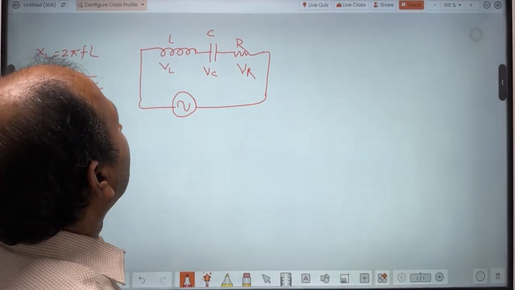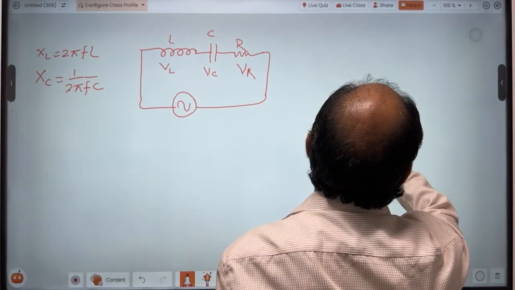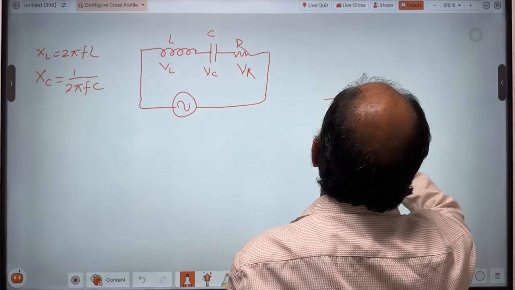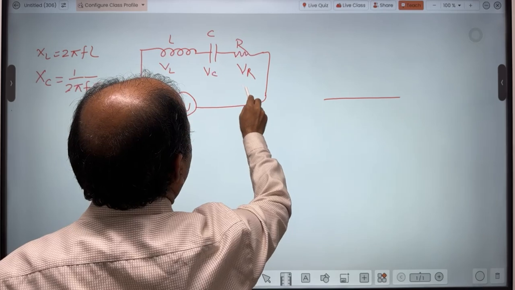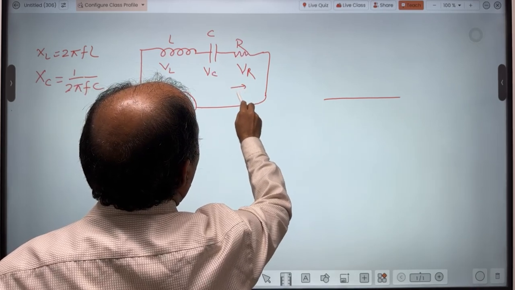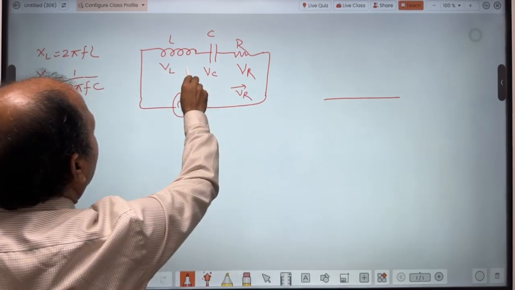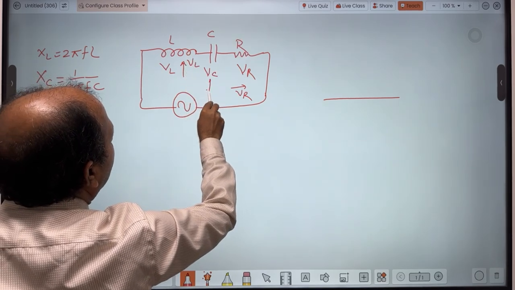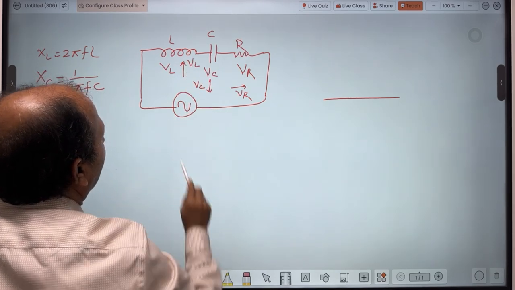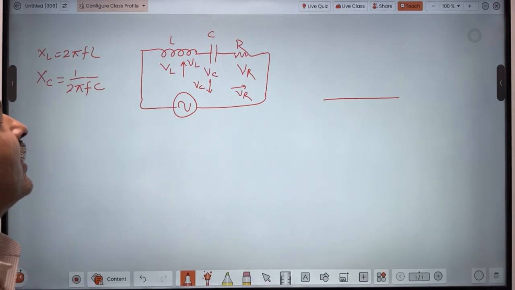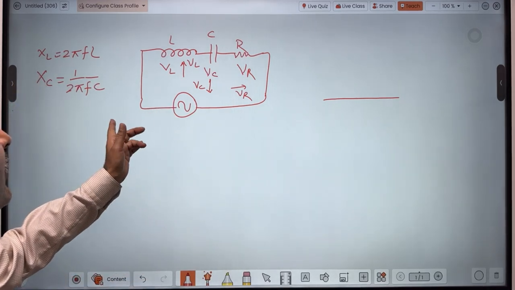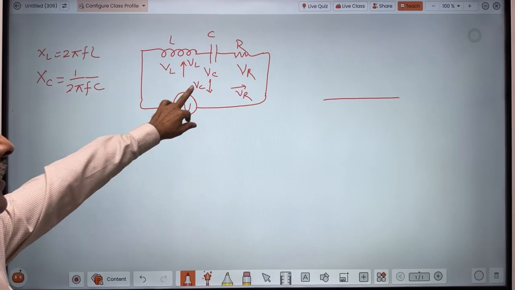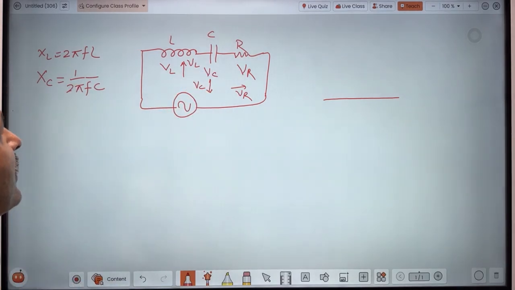These two voltages will be in opposite phase. So if voltage across resistance, we write the direction. Suppose this is VR and this is VL, then this will be VC, right? So VL and VC will be in opposite direction, and there will be a case when VL and VC will be equal. In that case, net effect will be 0.